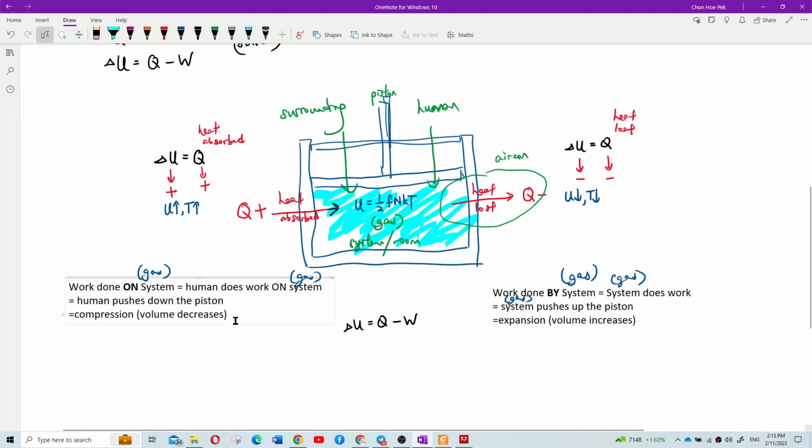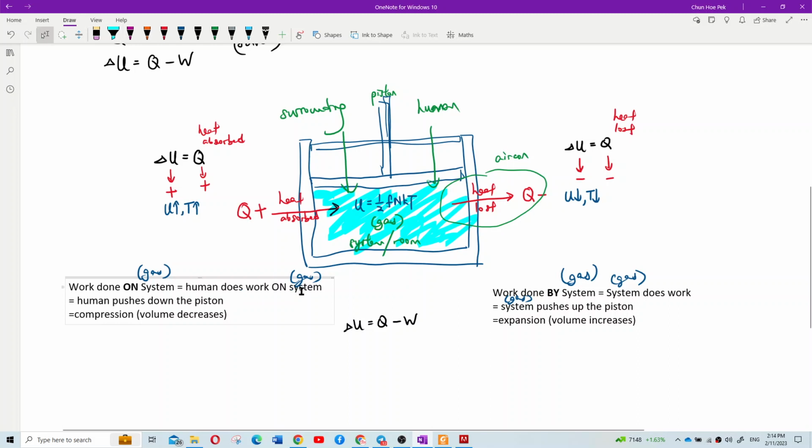So, gas. Where am I? Okay. So, work done by gas. How does the gas do work? The gas does the work by pushing up the piston. When gas pushes up the piston, of course, expansion happens, volume increases. Work done on system means human does the work on the gas.